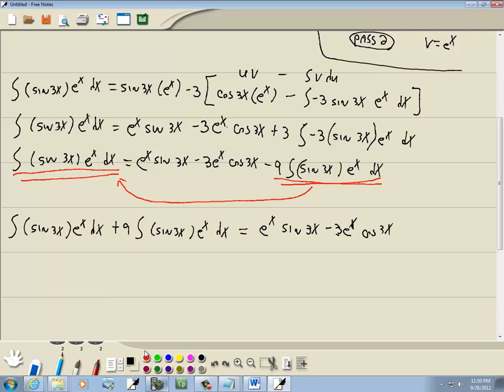Well, these are like items. These integrals are the same, so I can add the numbers that are out in front of them. Well, out in front of this one is the invisible 1. So we've got 1 plus 9 gives us 10. Integral of sine 3x e to the x dx equals e to the x sine 3x minus 3 e to the x cosine 3x.